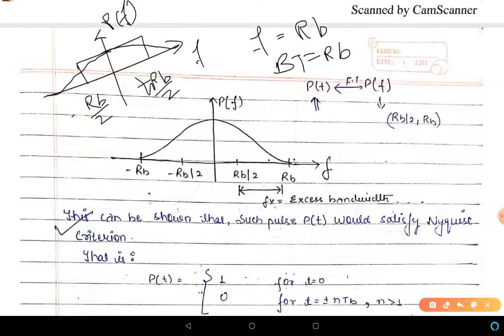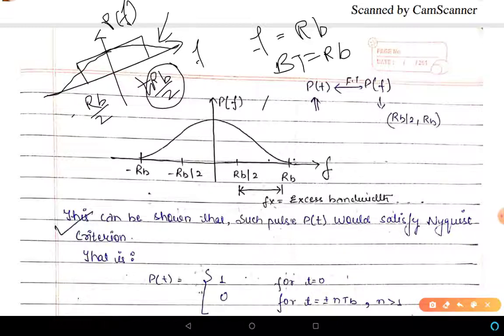So what if I expand over the minimum required, which is RB by 2, the Nyquist rate? If I expand this way, then definitely in the time domain there is going to be compression. Compression means the pulse which was supposed to end at t equal to infinity will now end before that.